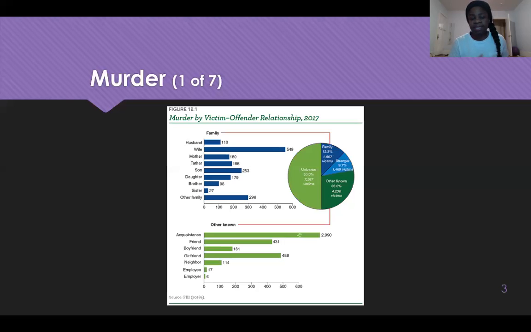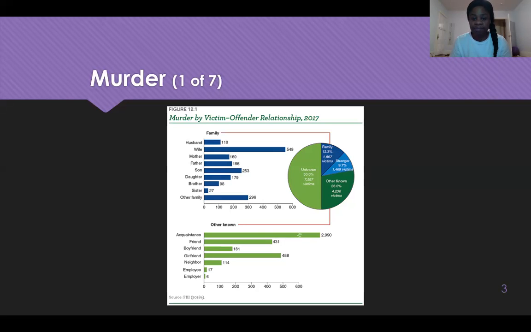So obviously I was reading from the pie chart, but if we move out of the pie chart and look specifically at the family types of murder, murder done within the family, we can break that up by husband, wife, mother, father, daughter, brother, sister, other.